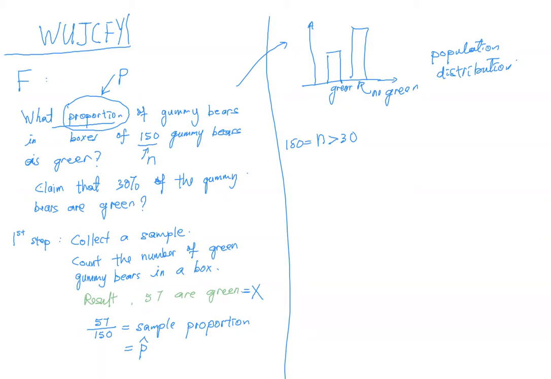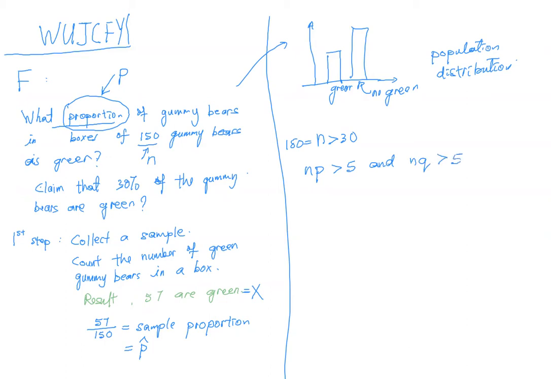But for proportion, we have another criteria, remember? That is, np must be greater than 5 and nq must also be greater than 5.